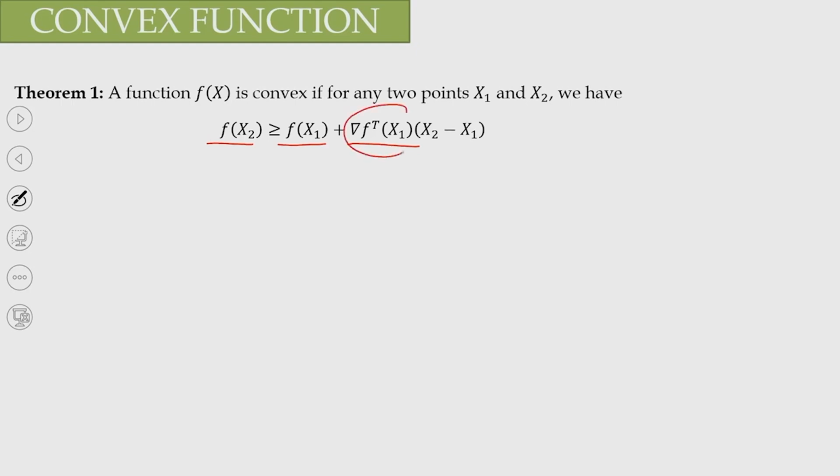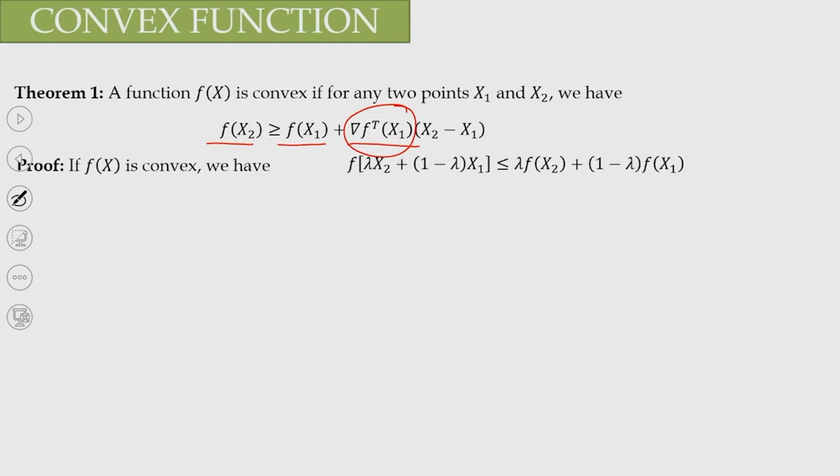This is the first derivative at x1 into (x2 minus x1). If this condition is true, then the function will be a convex function. So, a function f(x) is convex if for any two points x1 and x2 we have this condition. Okay. So, if this is true, then the function is a convex function.